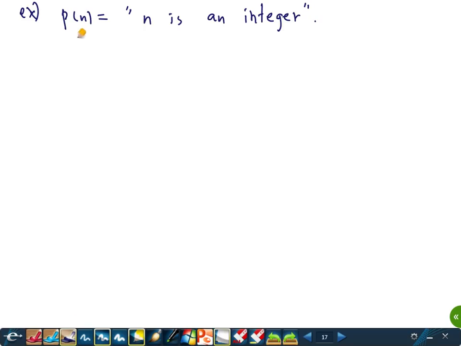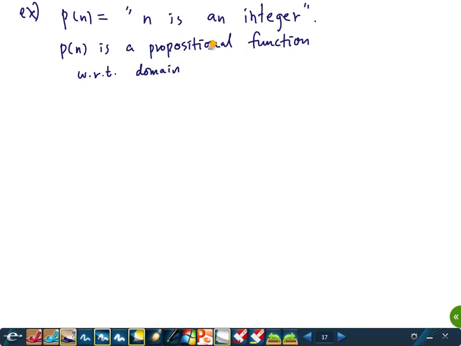Then P of n is a propositional function with respect to the domain of discourse, which you can choose as you wish. Let's say the domain of discourse is R.